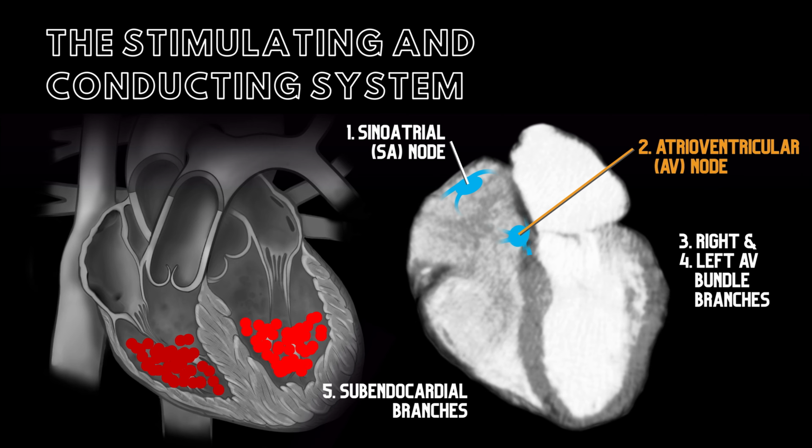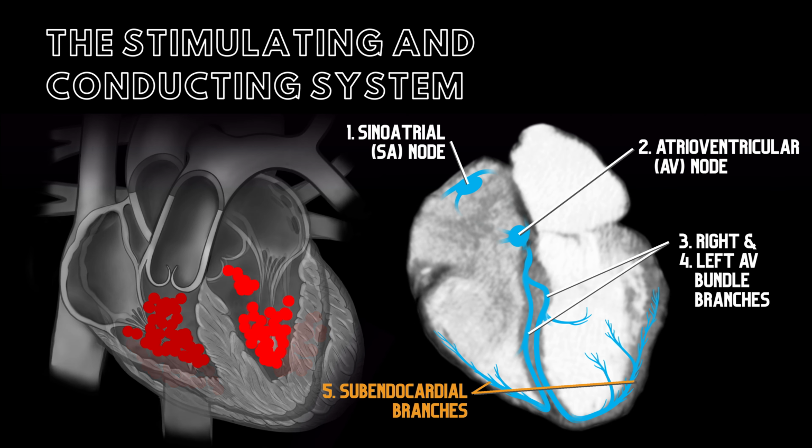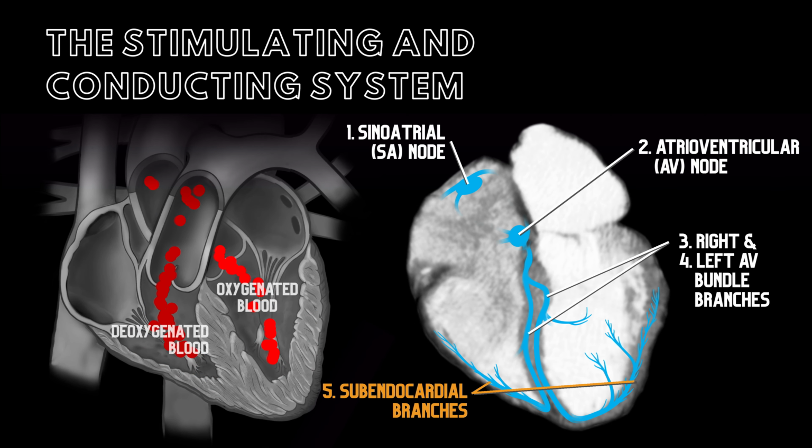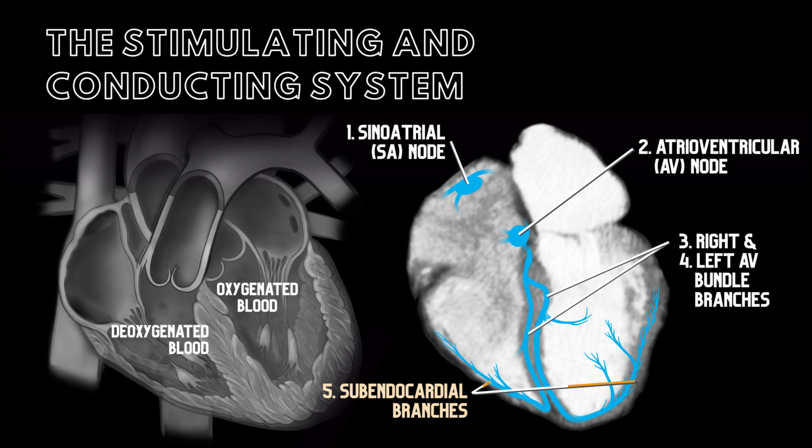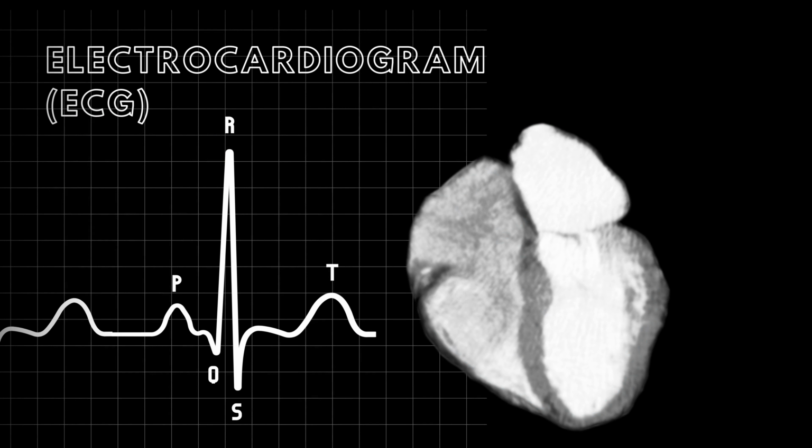Then, it sends the electrical signal on to the right and left AV bundle branches, and finally into the subendocardial branches of both ventricles. This initiates ventricular contraction, pushing deoxygenated blood to the lungs and oxygenated blood to the body. The electrical activity of this entire process can be observed on an electrocardiogram.